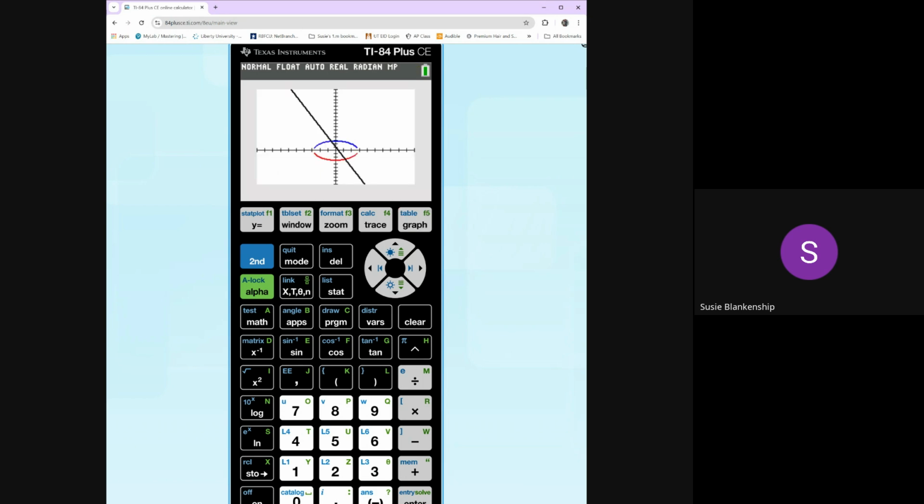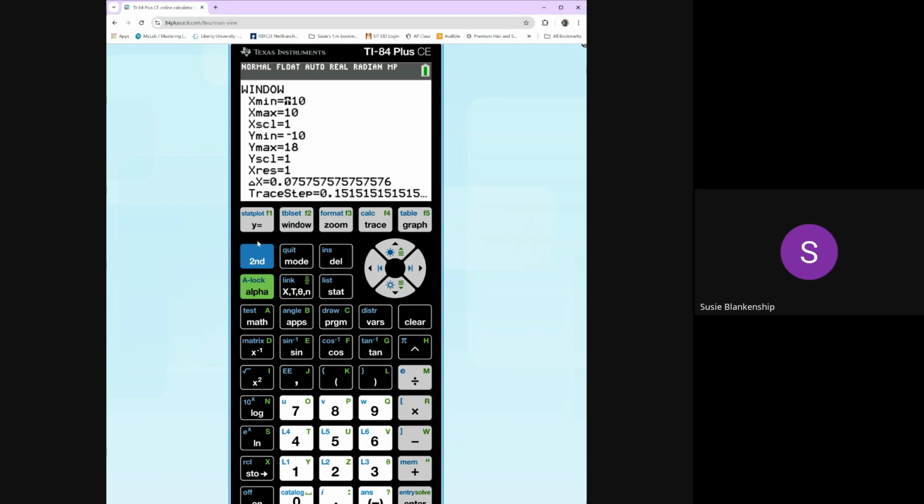You don't really need to adjust the window, but I like it to be a circle. That's what it looks like. So I hit second, sorry, guys, I'm going to go back to the graph. Hit zoom, and you see here where it says square.